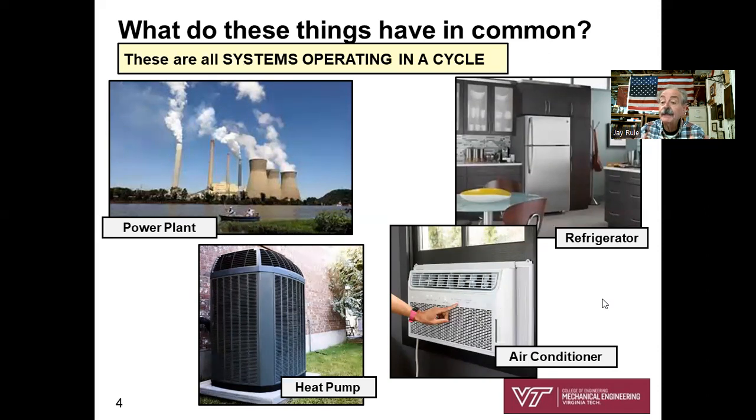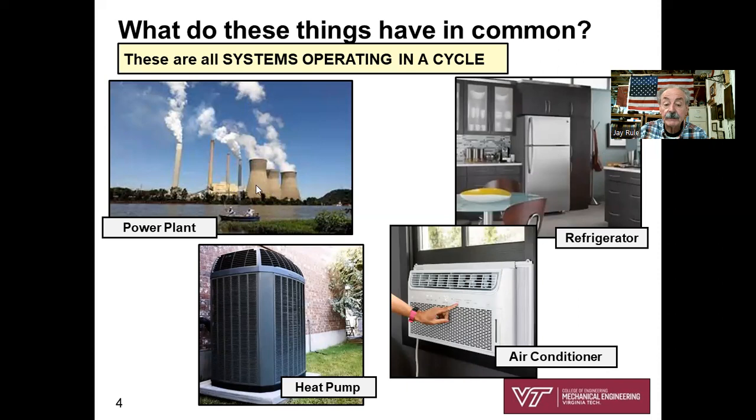All right, let's start with the easiest one first. This is a refrigerator operating in a refrigeration cycle. Next easiest, I hope you recognize this is a window air conditioning system. It works on the same cycle as the refrigerator. Let's move up here, top left. This is an electric power plant.